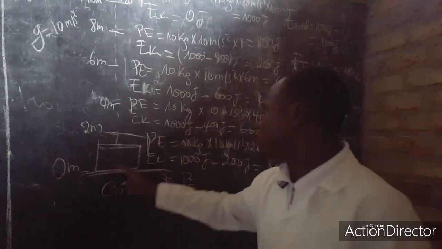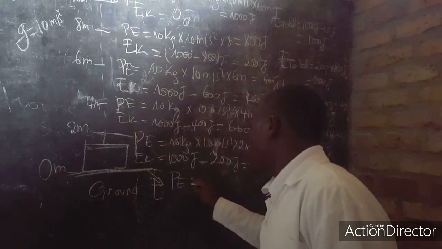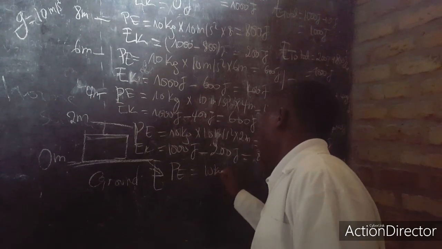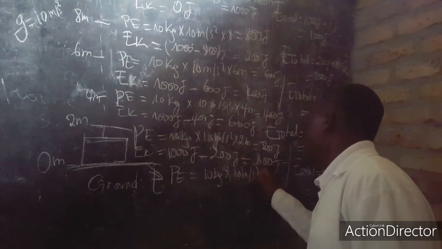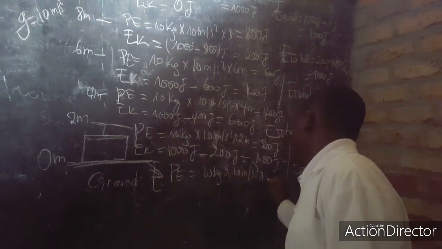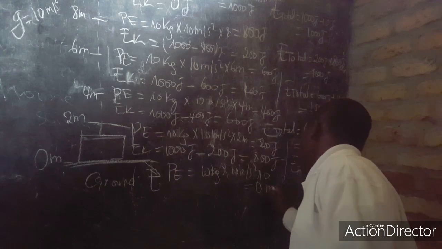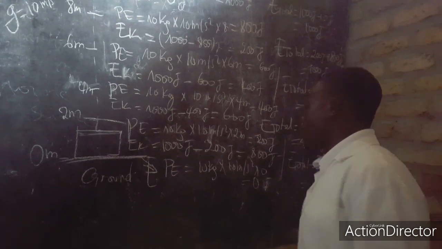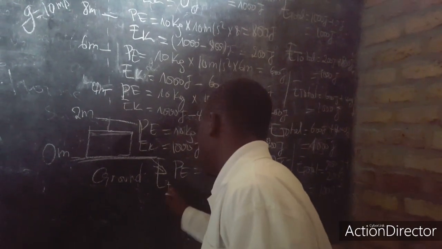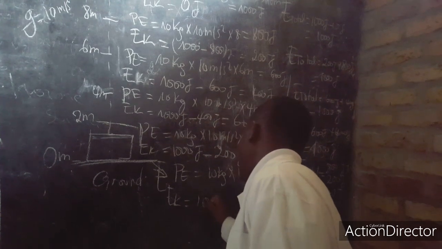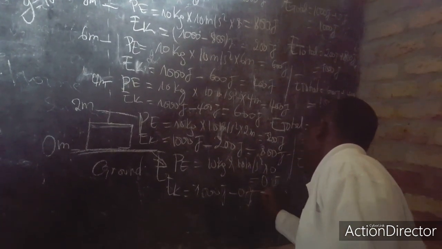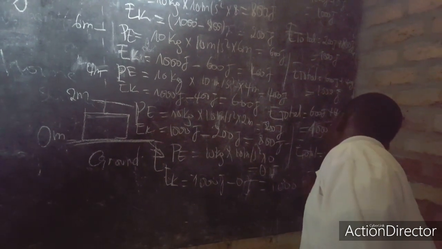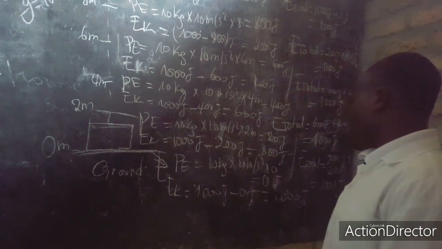So at 0 meter, the potential energy will be given by mgh, where we have 10 kilograms of mass, times acceleration, which is 10 meters per second square, times height, which is 0, then we get 0 joule. So in this case, kinetic energy will be given by 1000 joule minus 0 joule, which is 1000 joule.